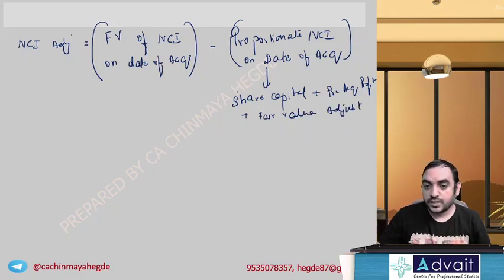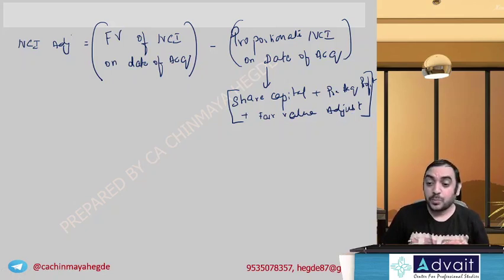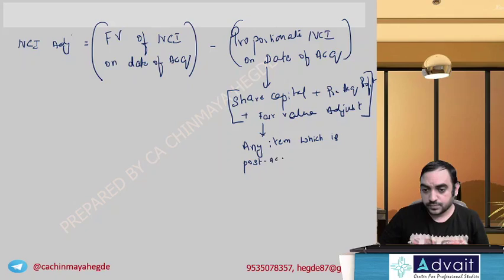So share capital plus pre-acquisition profit plus fair value adjustment. Any item which is post acquisition is not considered.